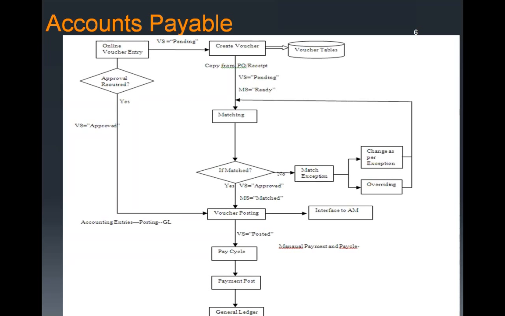Then you created a voucher for the receipt, and you should match both, the voucher and the PO. For example, if you created 4 desktops, 4 laptops in the PO, and in the voucher you create 5 desktops, 5 laptops, then when you run the matching process, it fails.